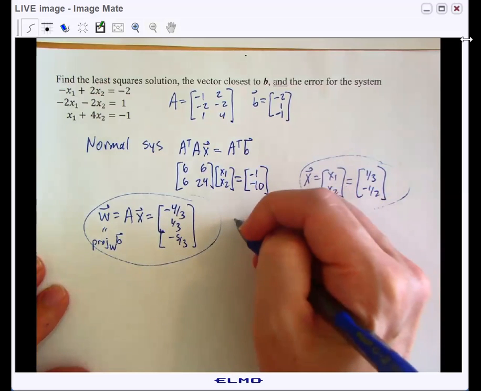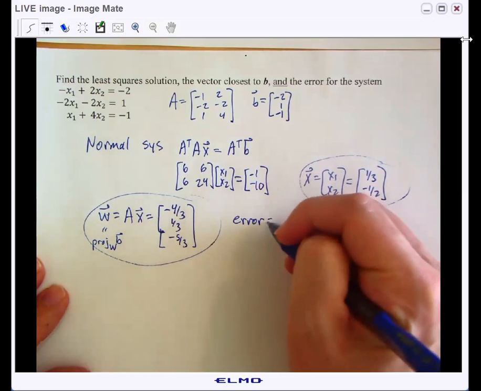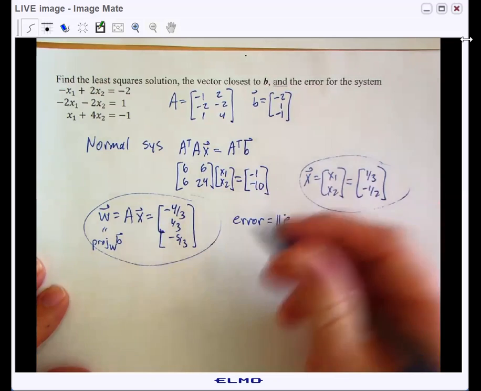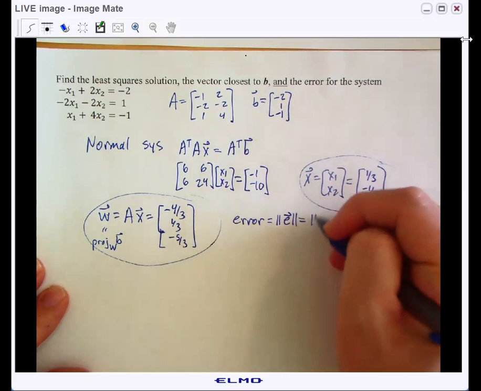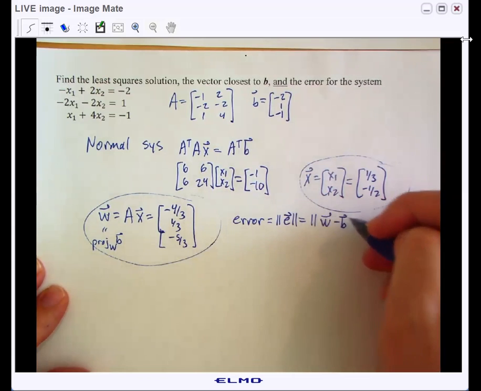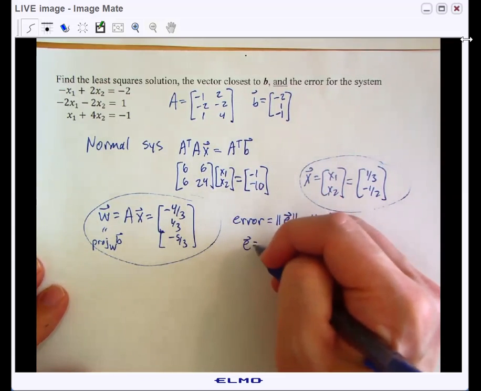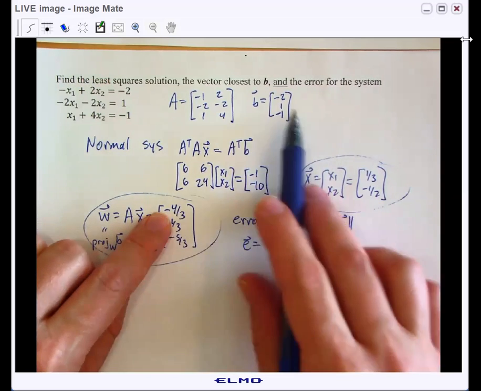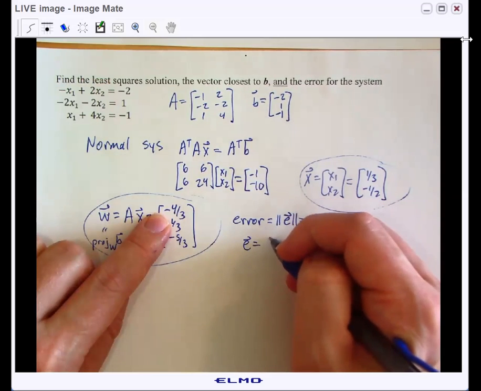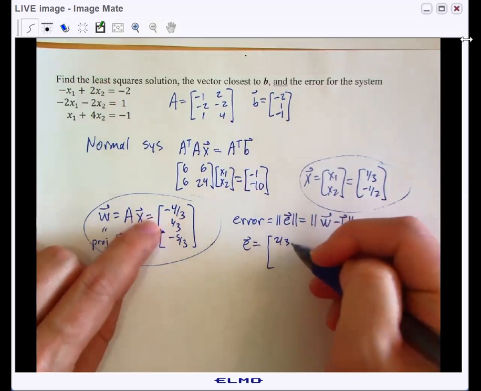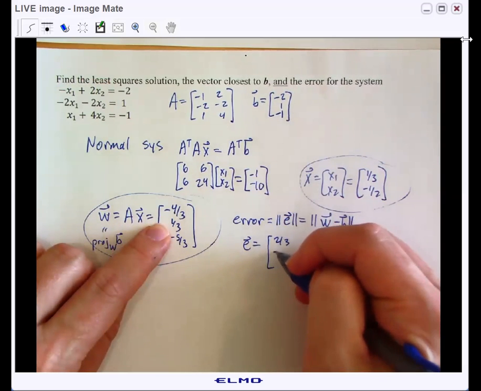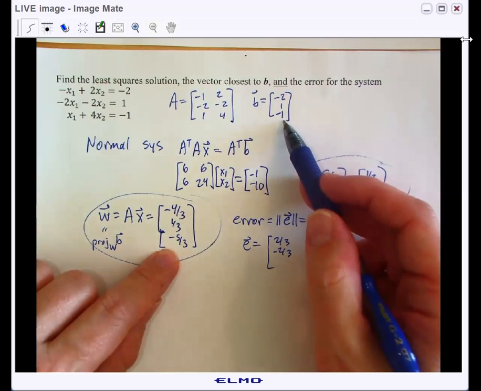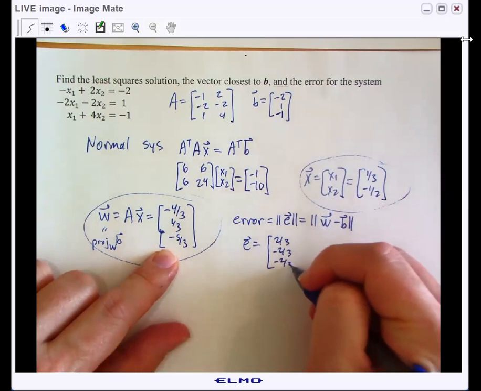And we need to find the error. So the error would be the magnitude of the difference between W and B. And so the error vector, if I do W vector minus the B vector, so negative 4/3 minus a negative 2 is 2/3. 1/3 minus 1 would be negative 2/3, and negative 5/3 minus a negative 1 would be negative 2/3.